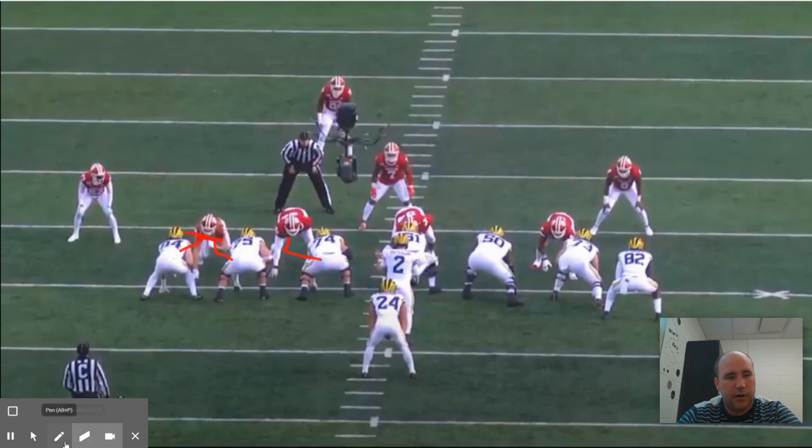You get a double team here on a zone play. Play side guard is covered. And again, let's say that we decided we were going to leave the center one-on-one and double team this guy. Okay. Well, we've got our bear rules. We're good. Bear is bear. And I think that solves a lot of problems.